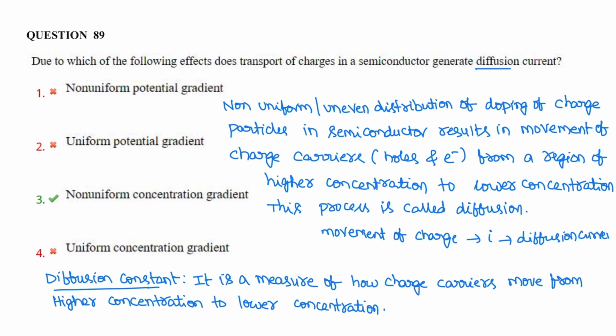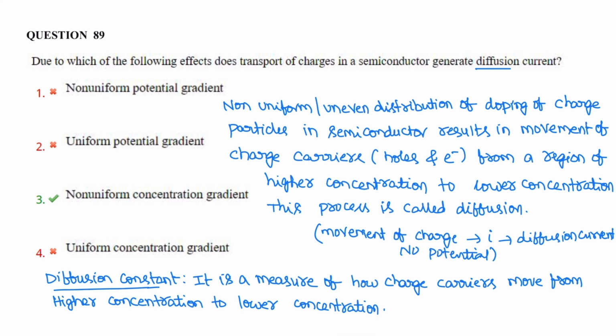No electric field is applied. This diffusion current flows only because of uneven charge distribution, with no potential or external field applied. The diffusion constant is a measure of how charge carriers move from higher concentration to lower concentration.